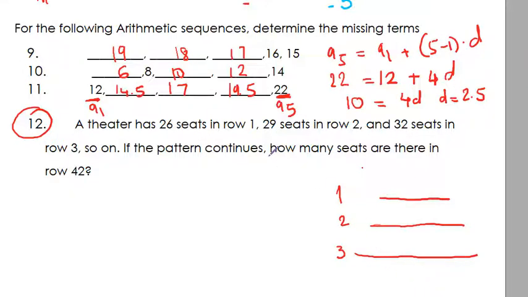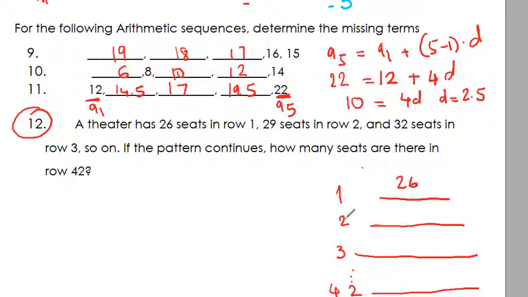So if the pattern continues, how many seats are there in row 42? How many seats in the first row?